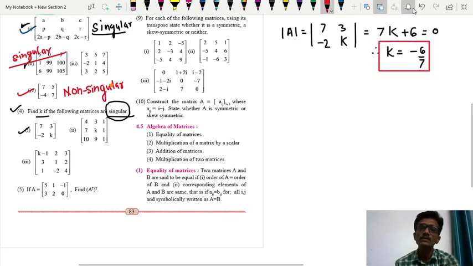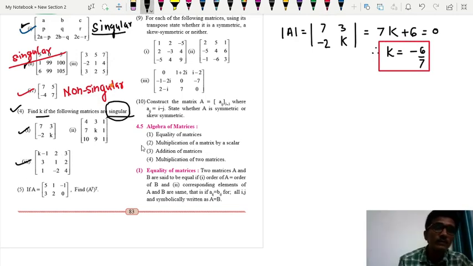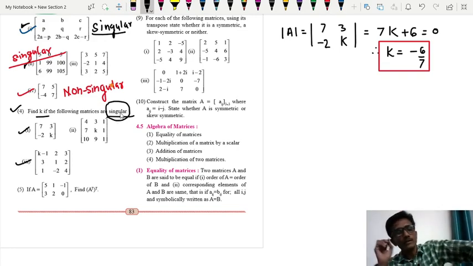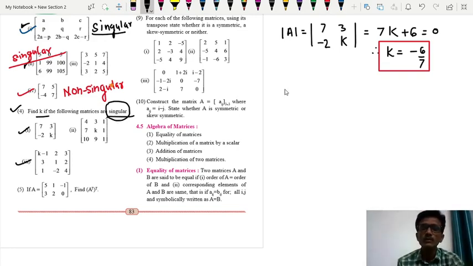Yes. The next is here, question third one. Here also it is a singular matrix, so determinant must be equal to 0. इसका determinant 0 होना चाहिए.